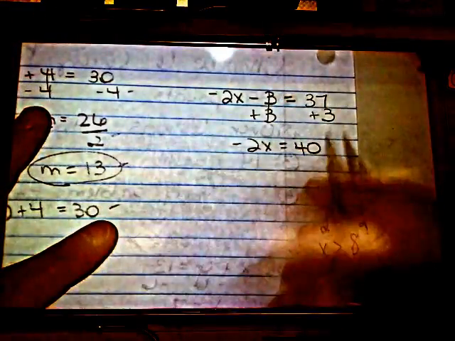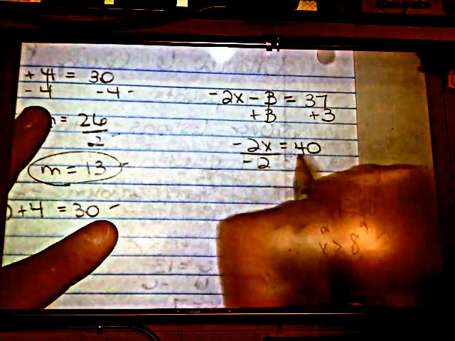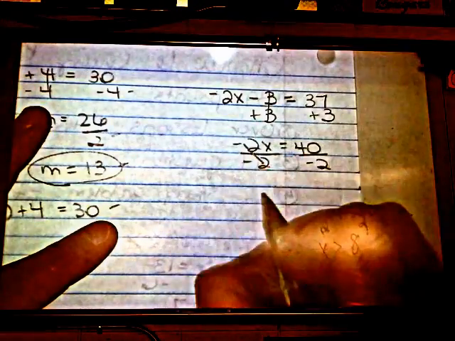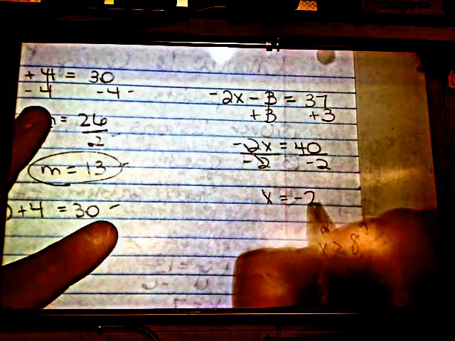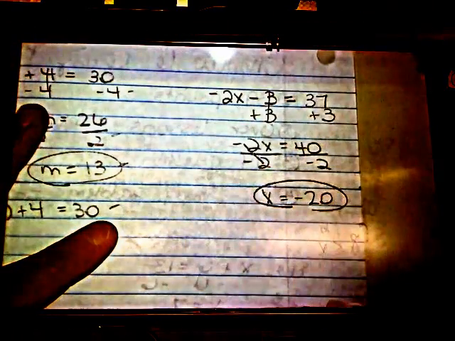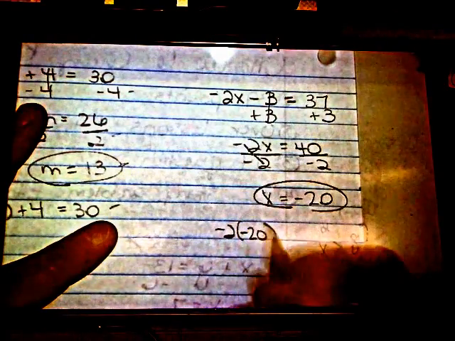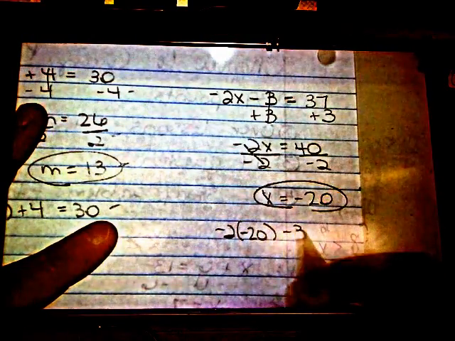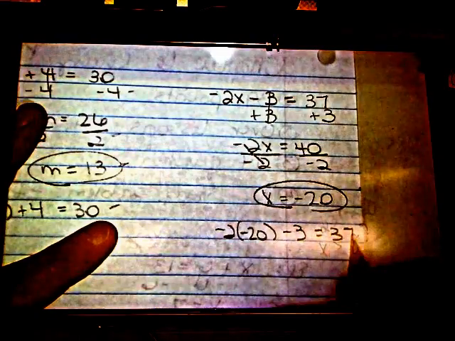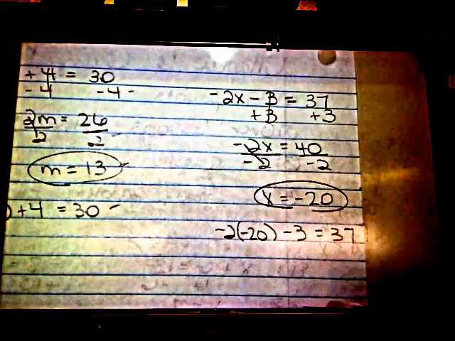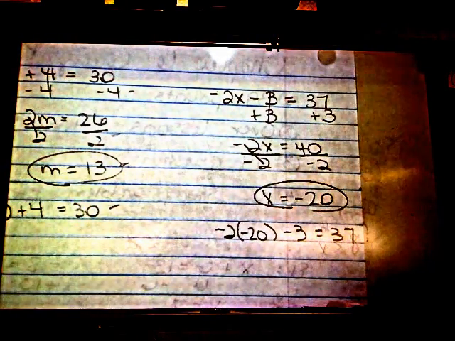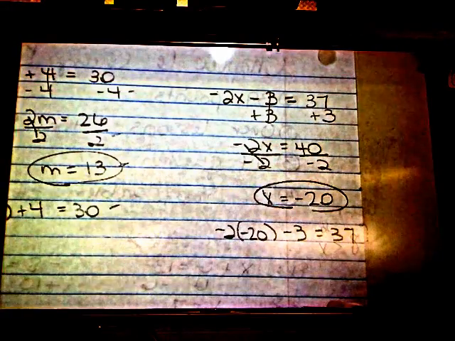Now I'm going to divide both sides by negative 2. So x is going to equal negative 20. Now I'm going to check it. Negative 2 times negative 20 would be a positive 40. 40 minus 3 is 37. So those are some examples of the types of one-step and two-step problems that you will see.